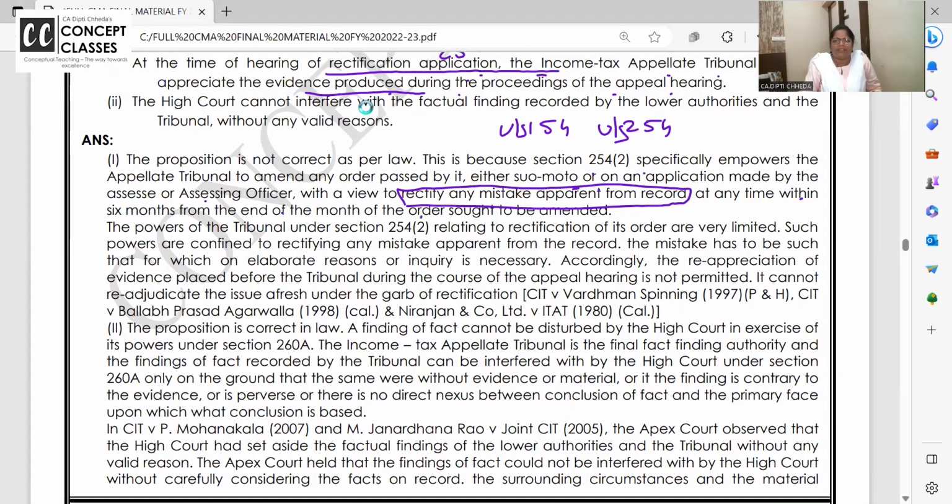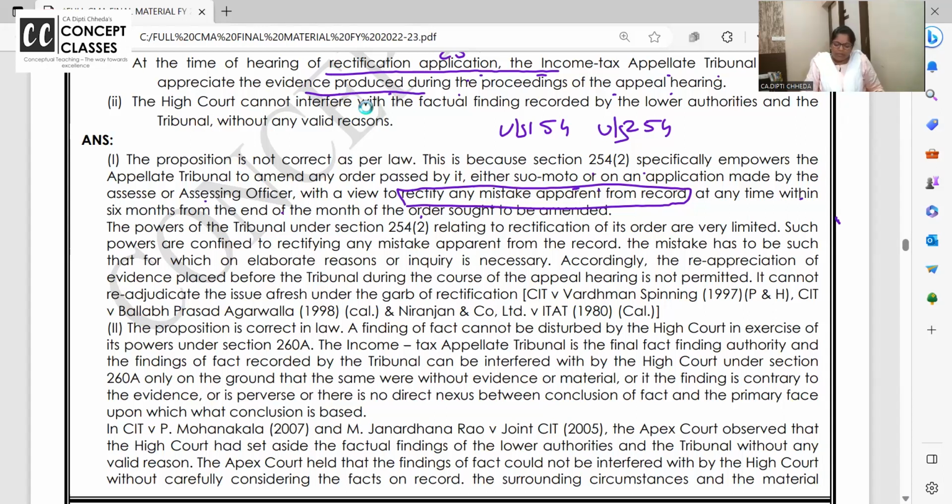Such a beautiful language. Under 154 you can rectify the order. You remember, dear students, within 4 years from the end of the year in which the order is passed, and if the assessee makes the application, then within 6 months, if they feel any mistake is there which is apparent from the record, at any time they can do so.